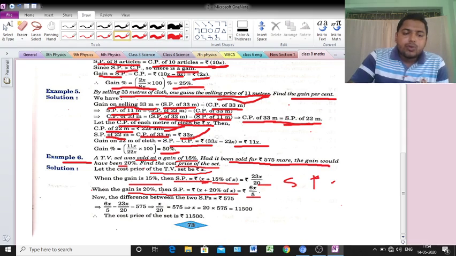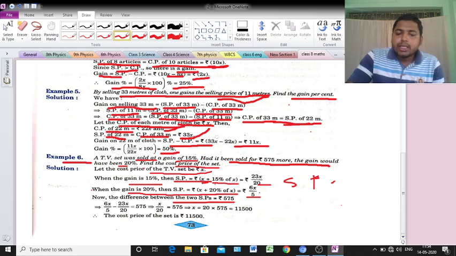Now the difference between the two SPs is equal to rupees 575, because it is given that when sold for rupees 575 more, the gain would be 20%. So just do the subtraction.